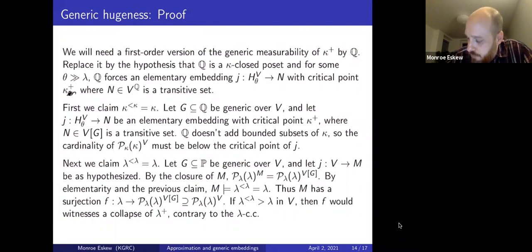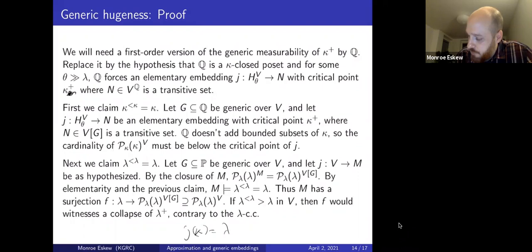If you take a generic for P and take an embedding as in the hypothesis, then we know that M is closed under lambda-sequences from the extension, so in particular, less than lambda sequences. So it has the same P_lambda(lambda) as V[G]. Okay, so by elementarity, kappa goes to lambda. So M satisfies that kappa to the less than kappa equals kappa, so M satisfies that lambda to the less than lambda equals lambda.